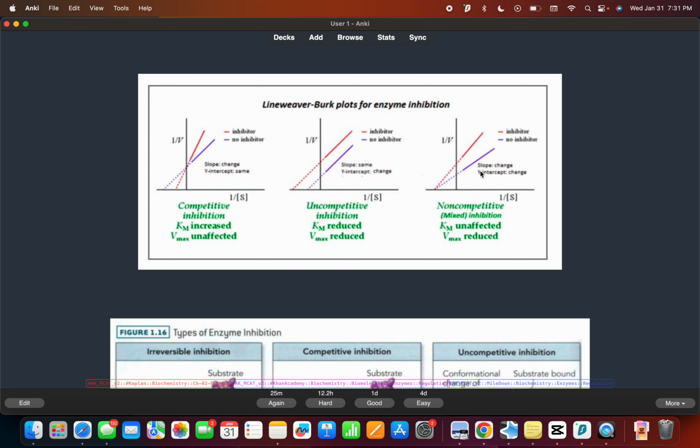For the non-competitive, we want the Km to not change, so the x-axis, which is 1 over s, stays the same. And because it's reversible, we want both of them reducing, but the inhibitor line goes up instead of down because it's reducing.